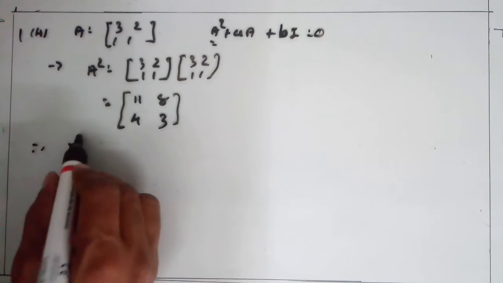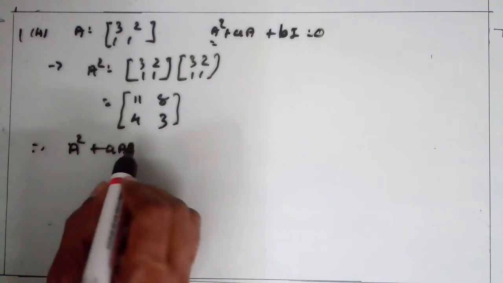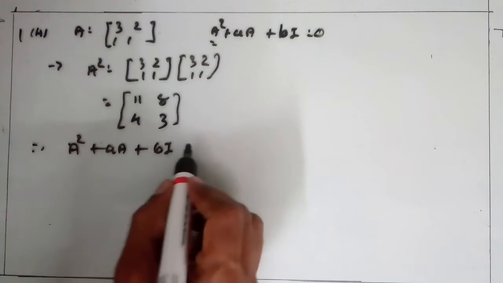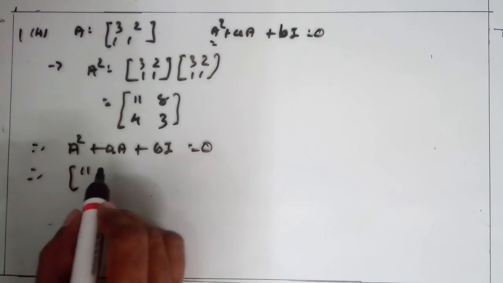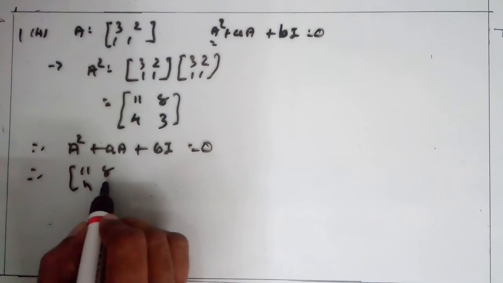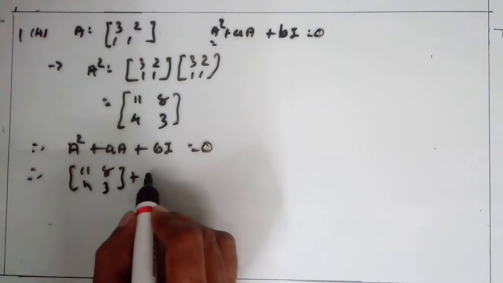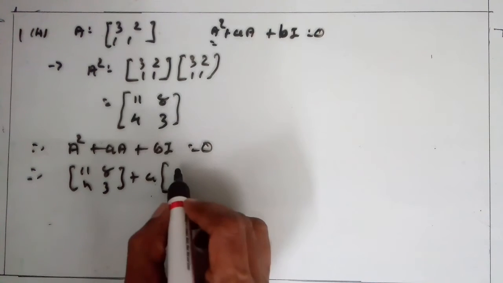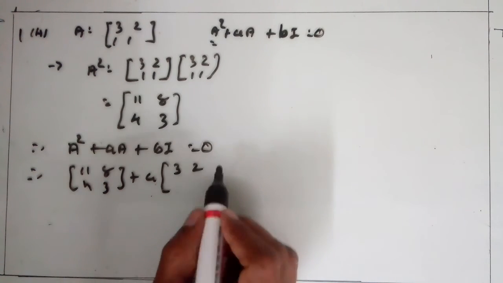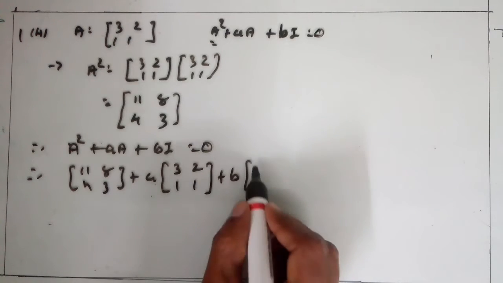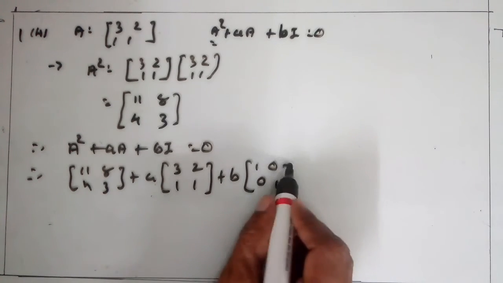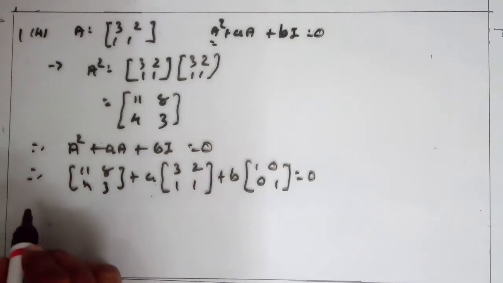Therefore A square plus a into A plus b into I is equal to 0. Here given A square is 11 8 4 3 plus a into matrix 3 2 1 1 plus b into 1 0 0 1. Clear? Is equal to 0.